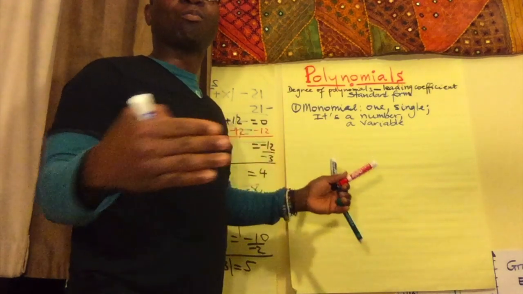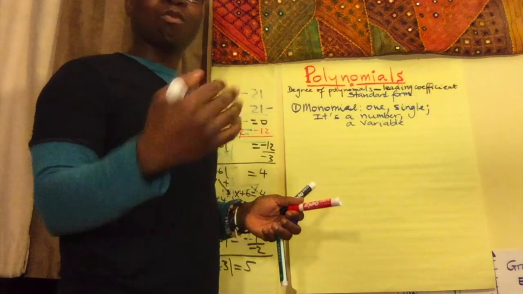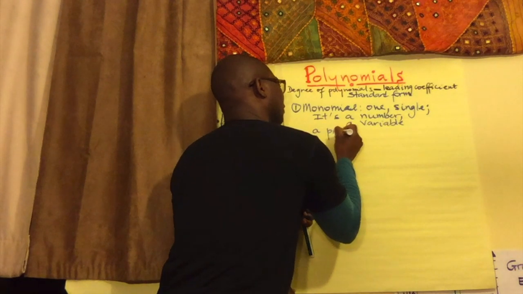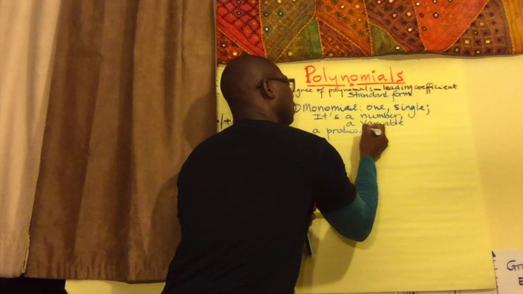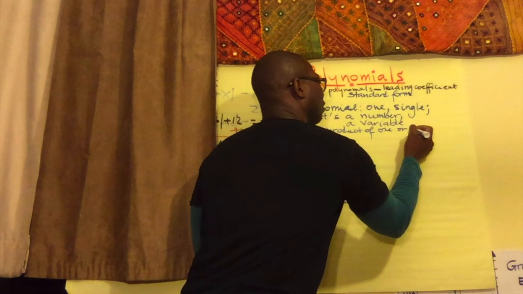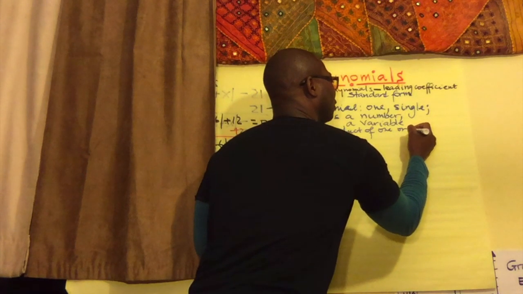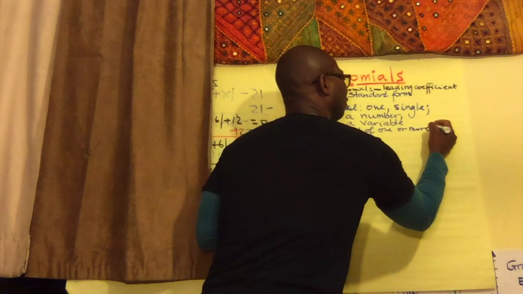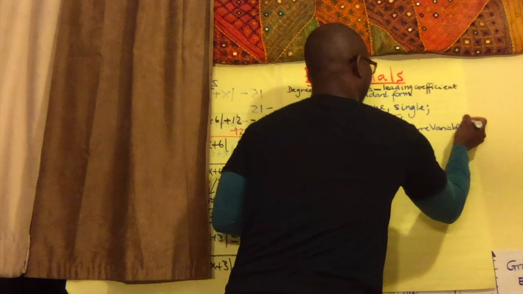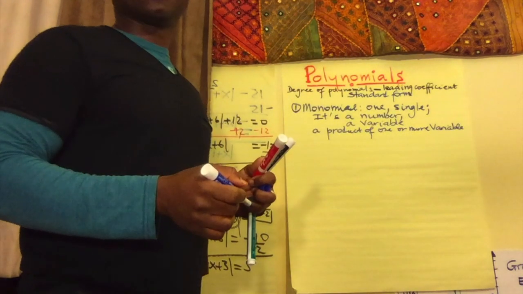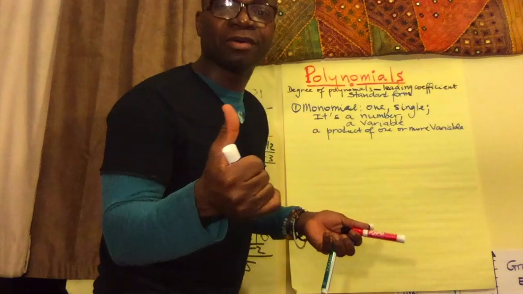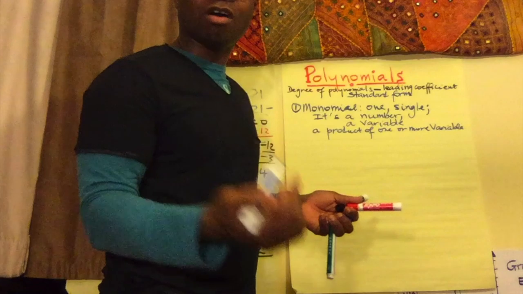Or the product of one or more variables. The product of one or more variables. It's also a product of a number and one or more variables.